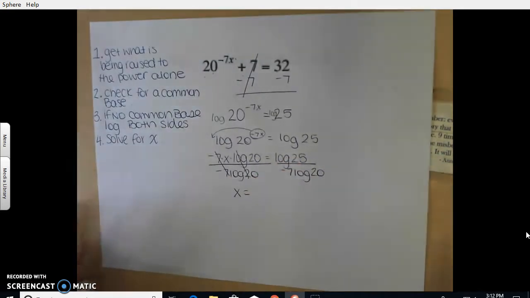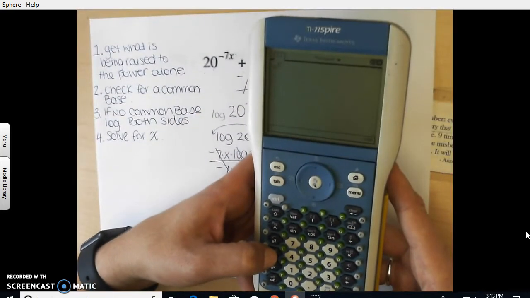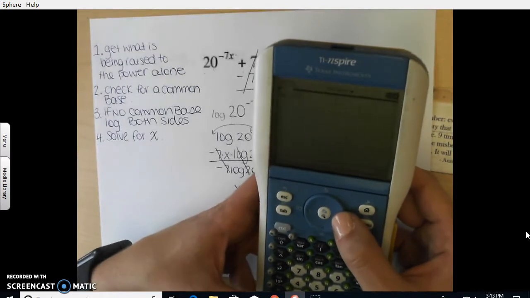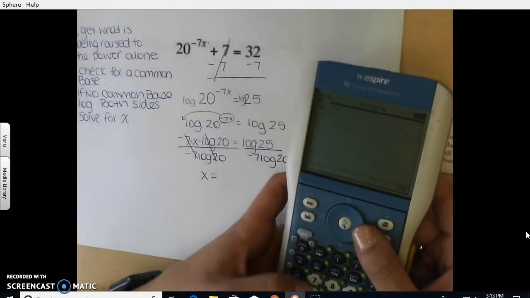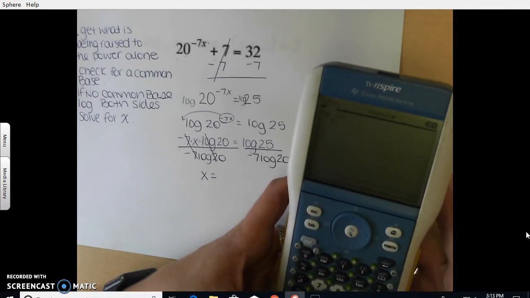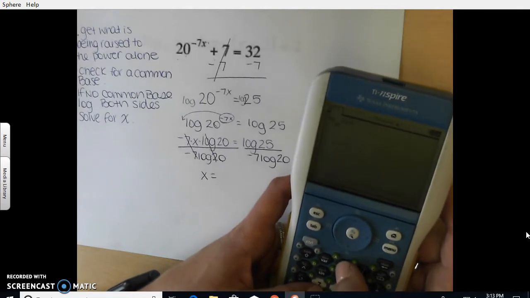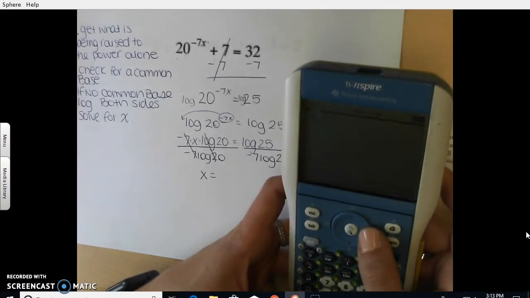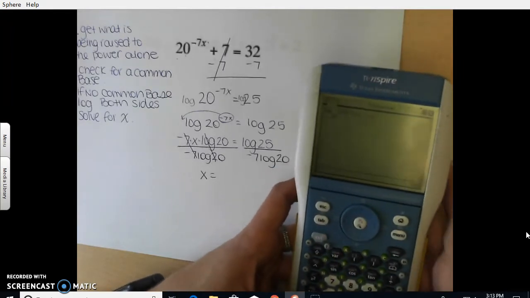We are left with x is equal to, and in your calculator, we are going to do the log, we want base 10, of 25 divided by, and we need to put this in parentheses, so open parentheses, negative 7 times the log of 20.